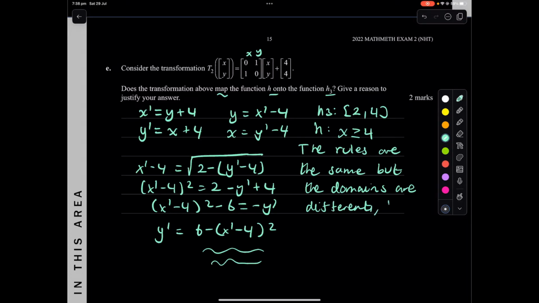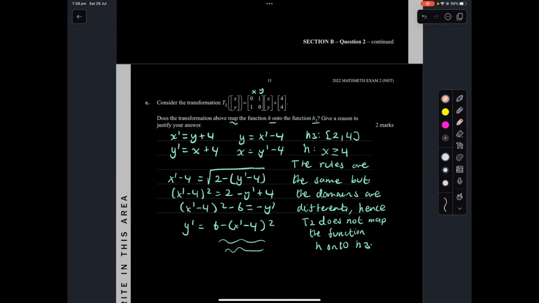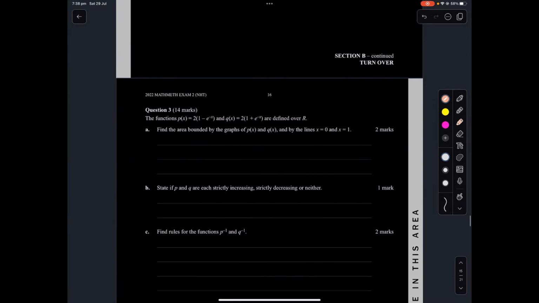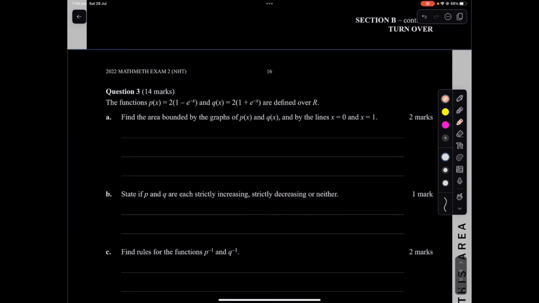Therefore, or hence, the function T2 does not map the function h onto h3. I hope that's right. I'm just going to highlight this over here. Okay, let's move on to the next question. All right, that's good.